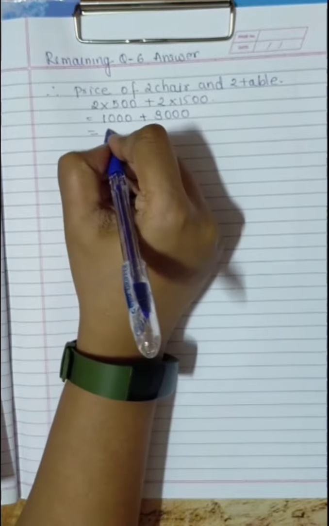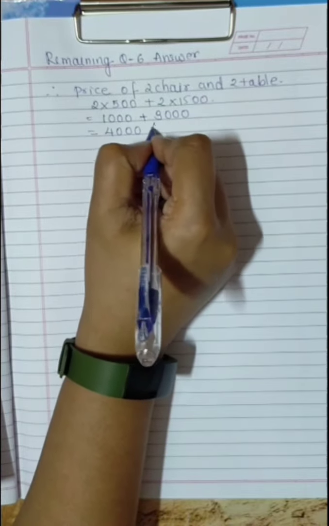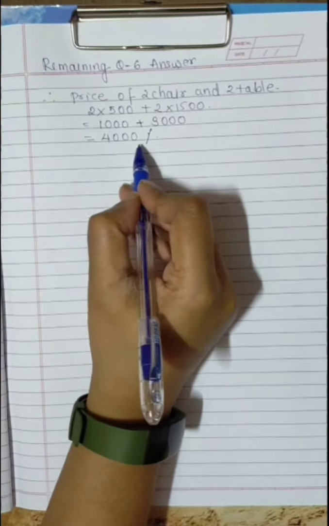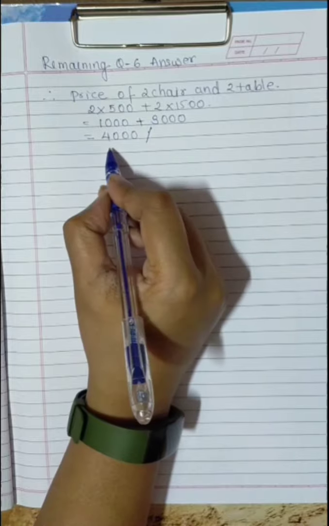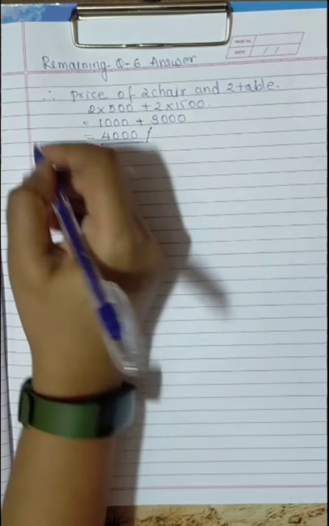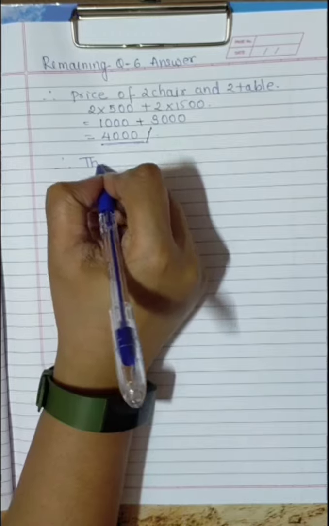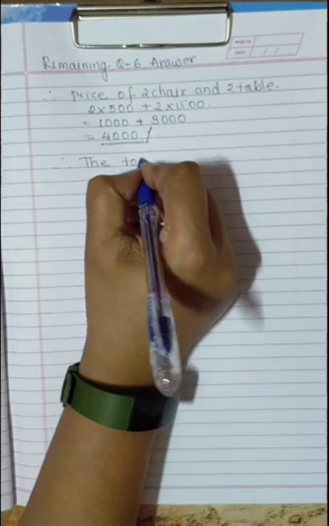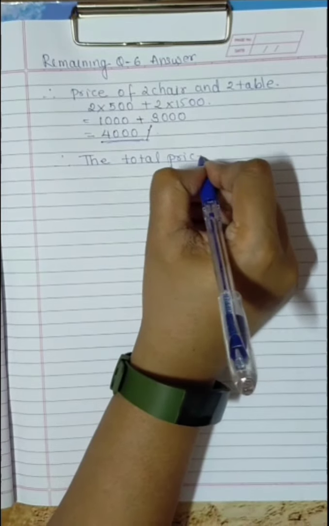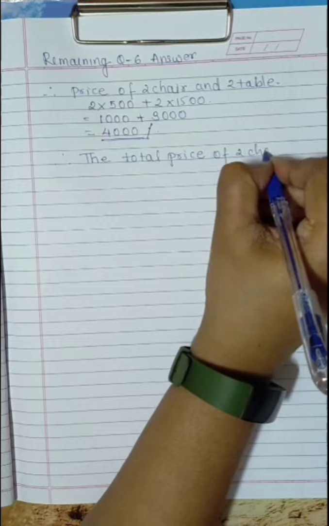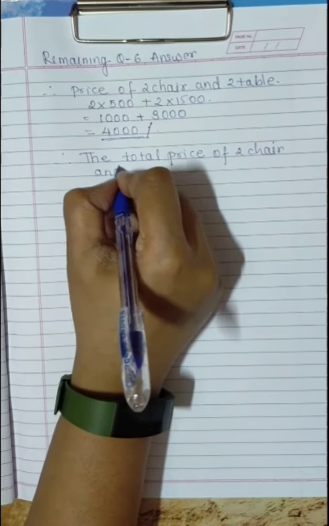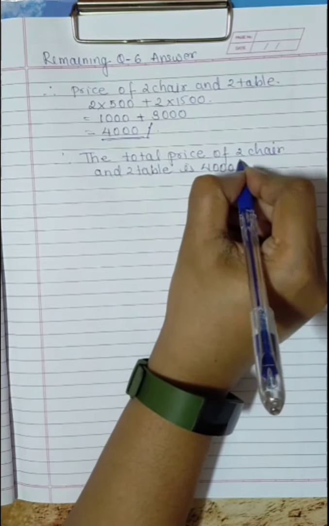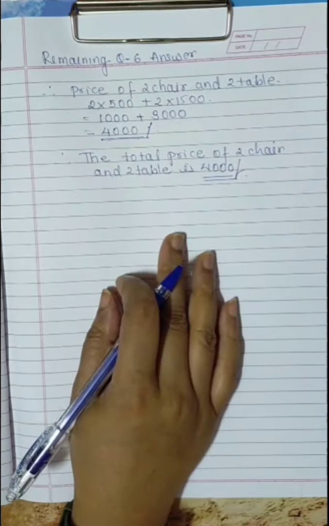The total is how much? 4000. So therefore the total price of 2 chairs and 2 tables is 4000. We got the answer of question number 6.